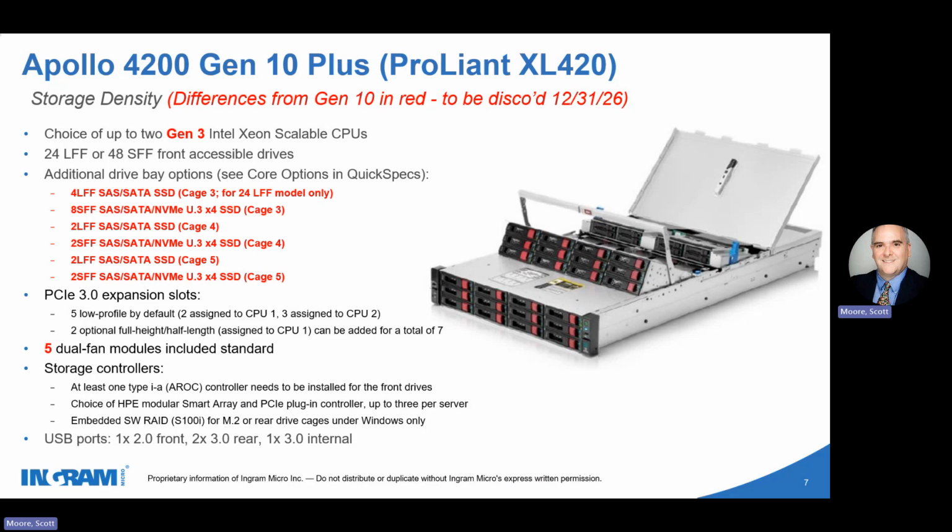And the Alletra name has been used for a while for HPE's storage products. The same kind of technology, it's still essentially a server, dual Intel processors in there, generation 4 or 5 Intel Scalable Xeon processors, but it's now under HPE's storage division rather than their server division. So the Gen 11 version of the Apollo 4200 is essentially the Alletra 4120.